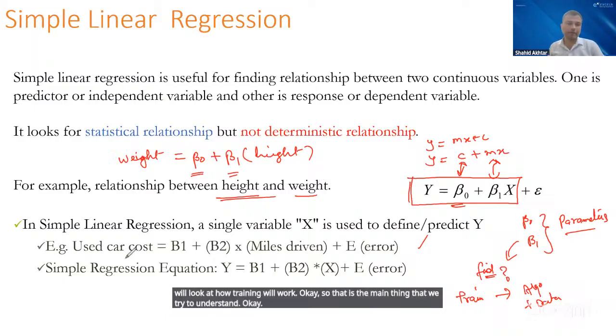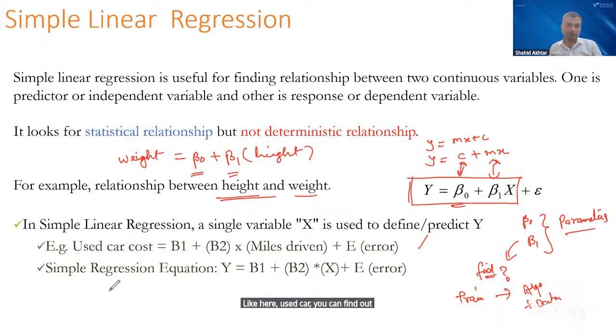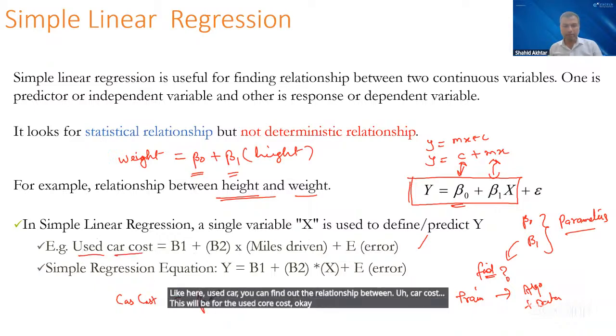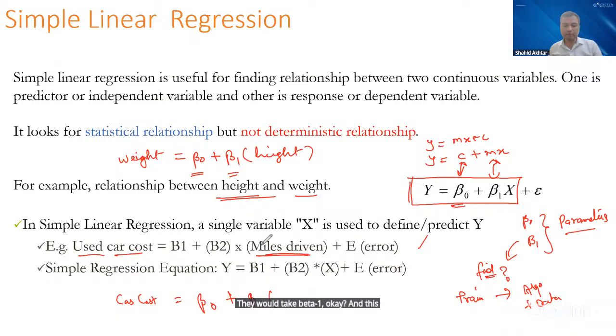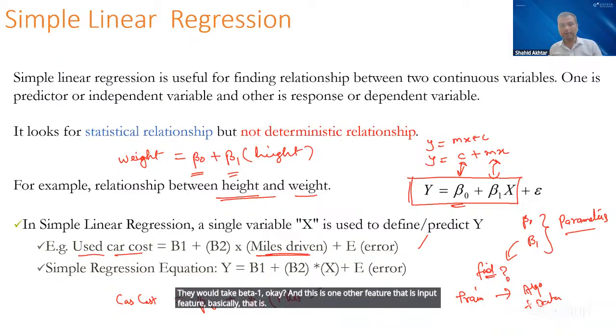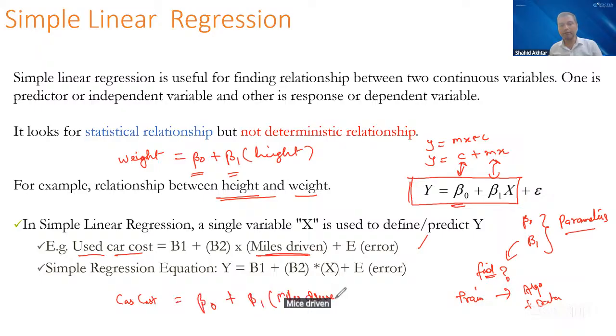There are different examples, like a used car: you can find the relationship with the car cost. This is beta naught and beta 1, and the input feature is miles driven, how many miles or kilometers the car has driven.